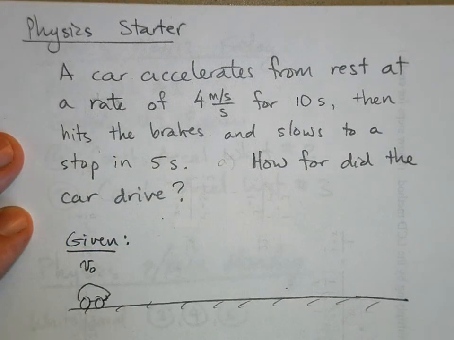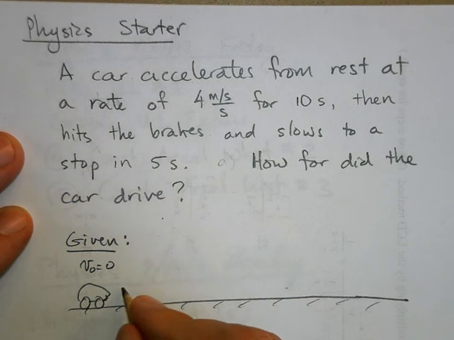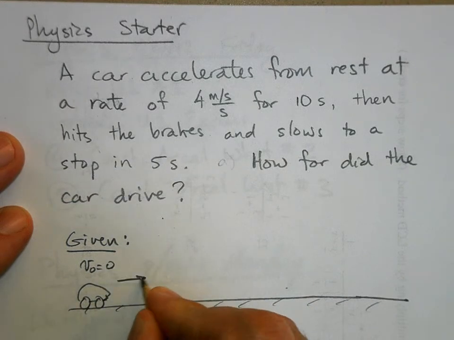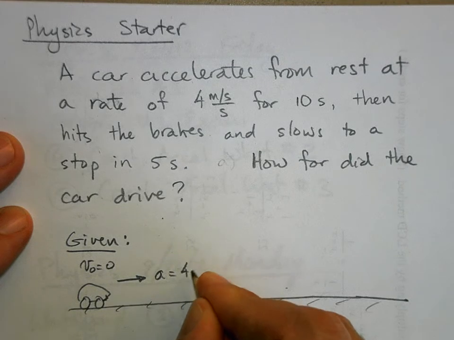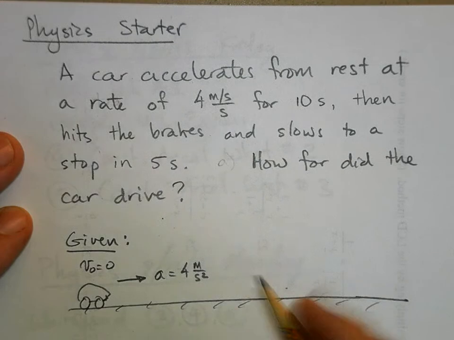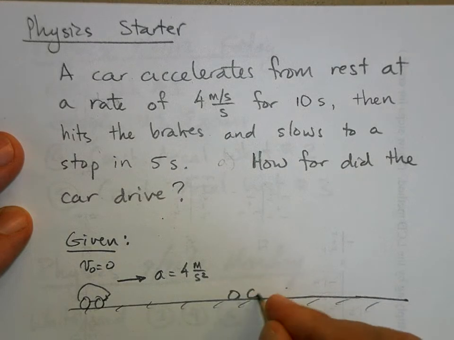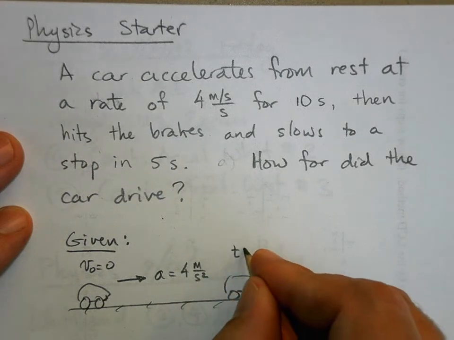So V naught is equal to 0, and then it accelerates forward with an acceleration of 4 meters per second squared. And we want to know, here's the first part, here's the car at t equals 10 seconds.